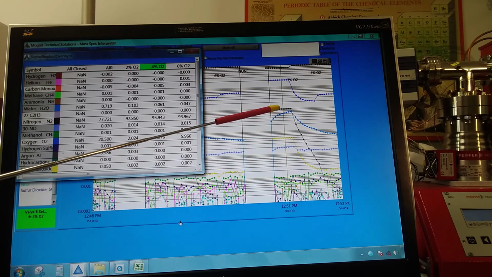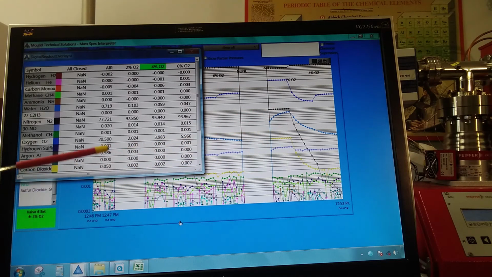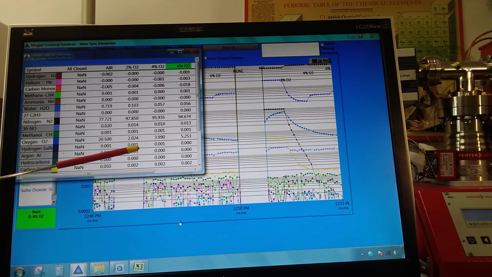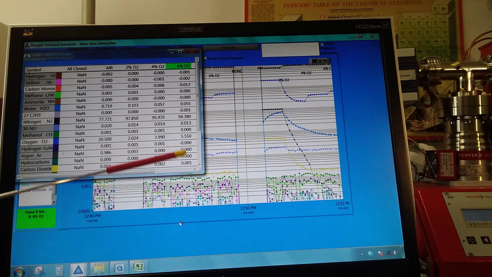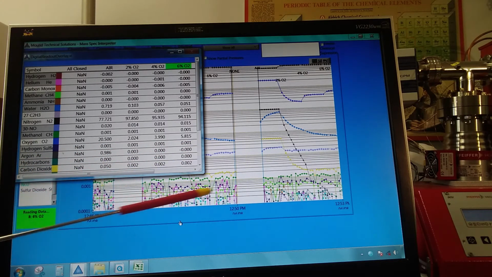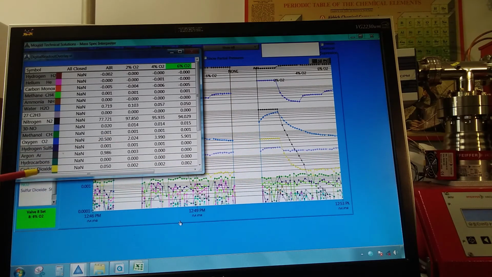We observed that the argon component that was present in the room air sample is not present in the cylinder gases. We have a trace amount that carried over that we didn't get evacuated from our 2%, but by the time we got to our 4% and 6% cylinders, we've successfully removed all of the traces of the argon. What we do see is this yellow plot, which is our carbon dioxide.